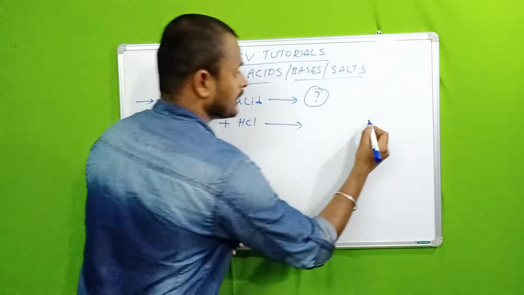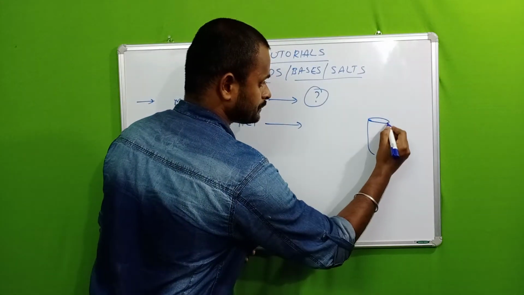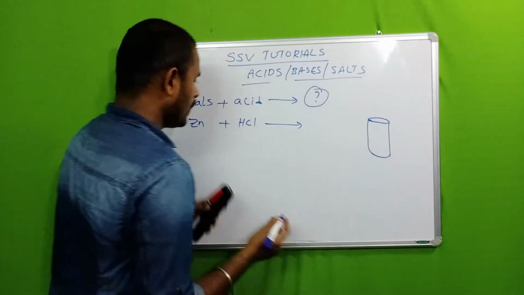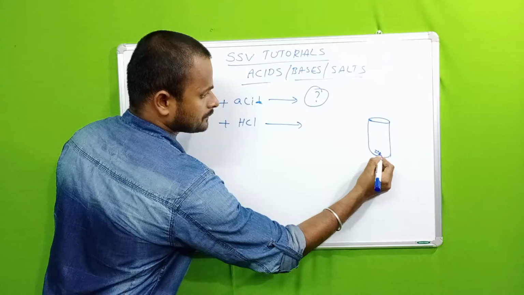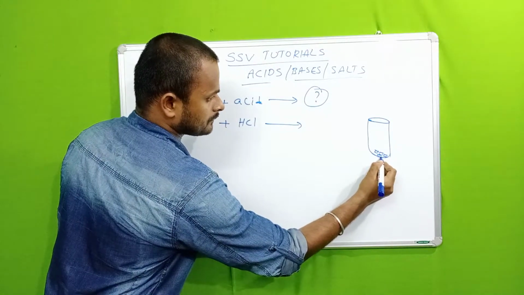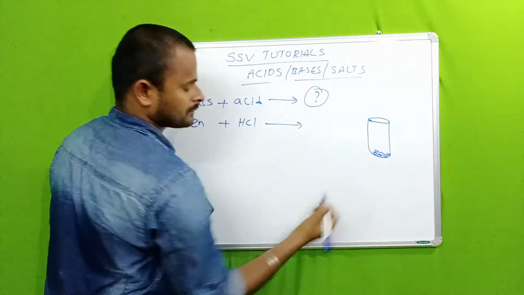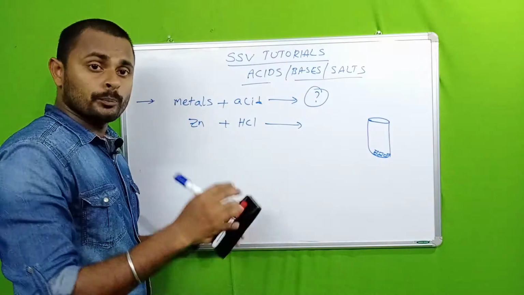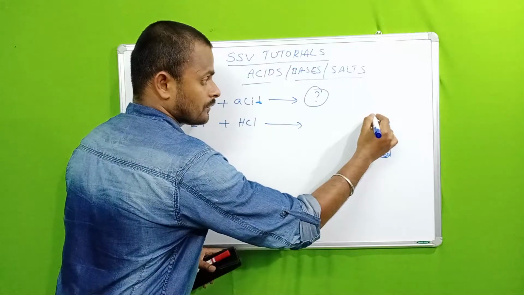By experiment, take a small test tube, put in some zinc particles, and pour 2 to 3 drops of HCl.